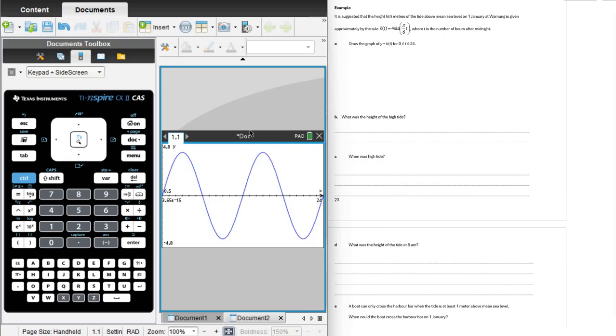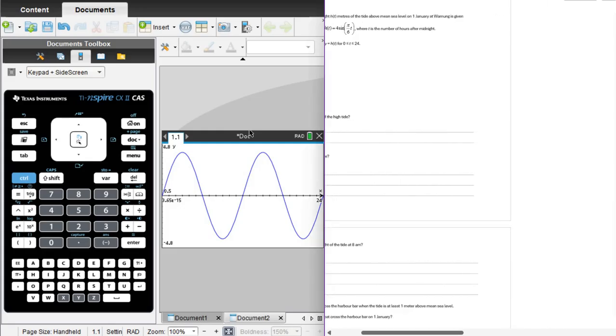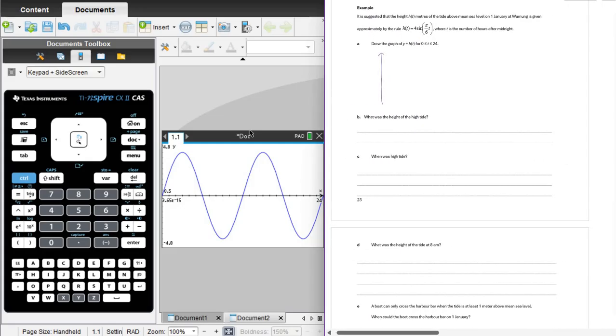Now, when you do draw a graph, we would like to at least have one minimum point and one maximum point, as well as any intercepts. When you're sketching a graph and you haven't been given an axis, your scale doesn't matter too much as long as it looks relatively even, you are fine.